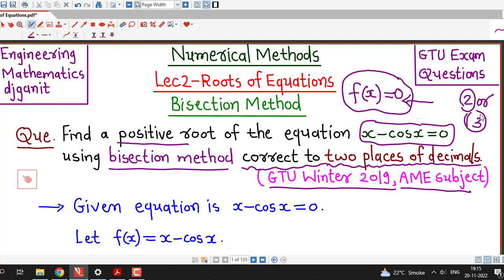When 2 successive answers agree up to 2 decimal places, we can stop and we have the solution correct up to 2 decimal places.